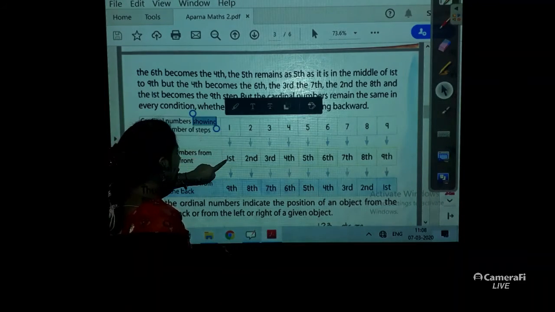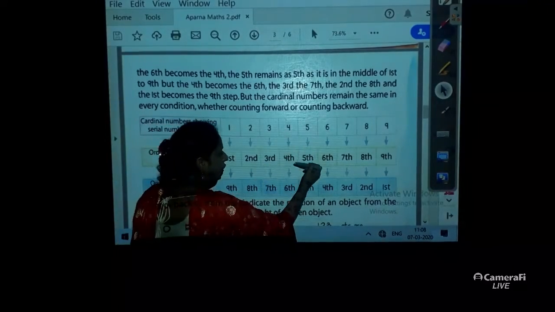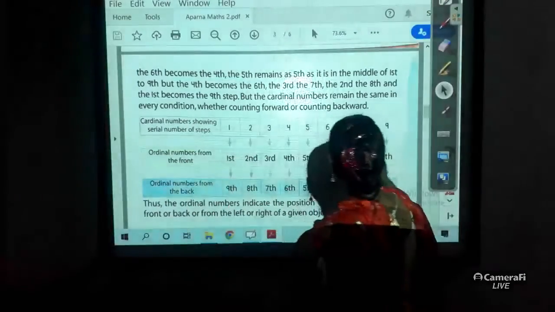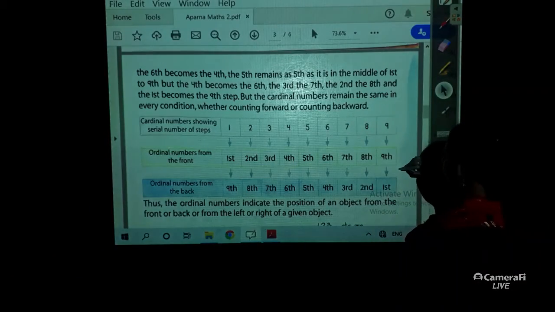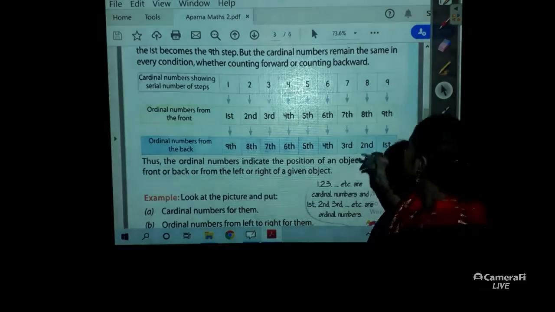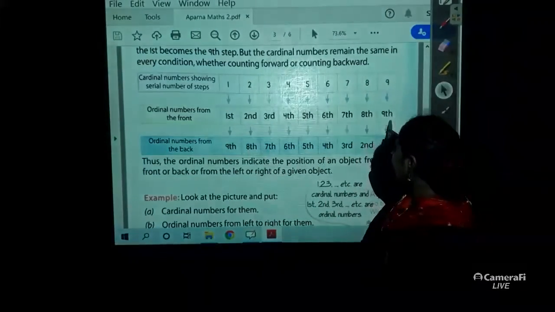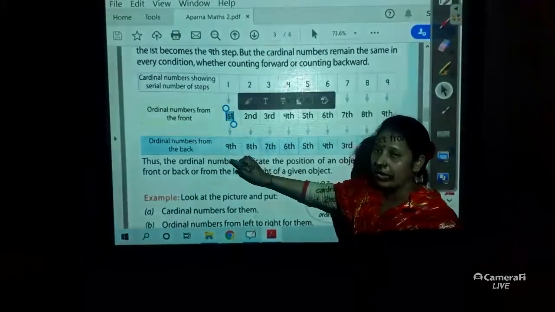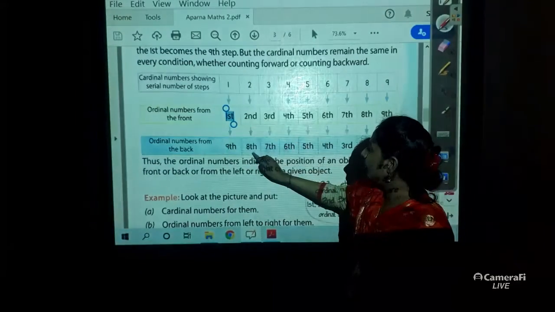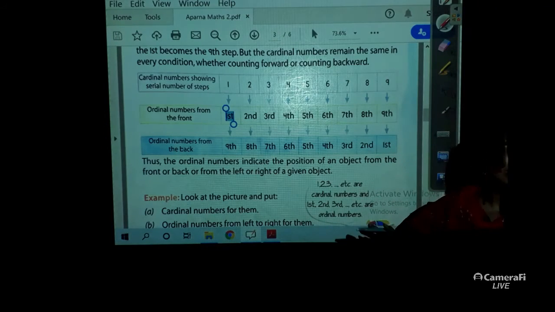This is the cardinal number and this is the ordinal number. Second, third, fourth, fifth, 6th, 7th, 8th and last but not least 9th. Coming back to our ordinal numbers, if we reverse it down, the 9th will be in the first position and the 8th will be second. So this will happen with numbers.